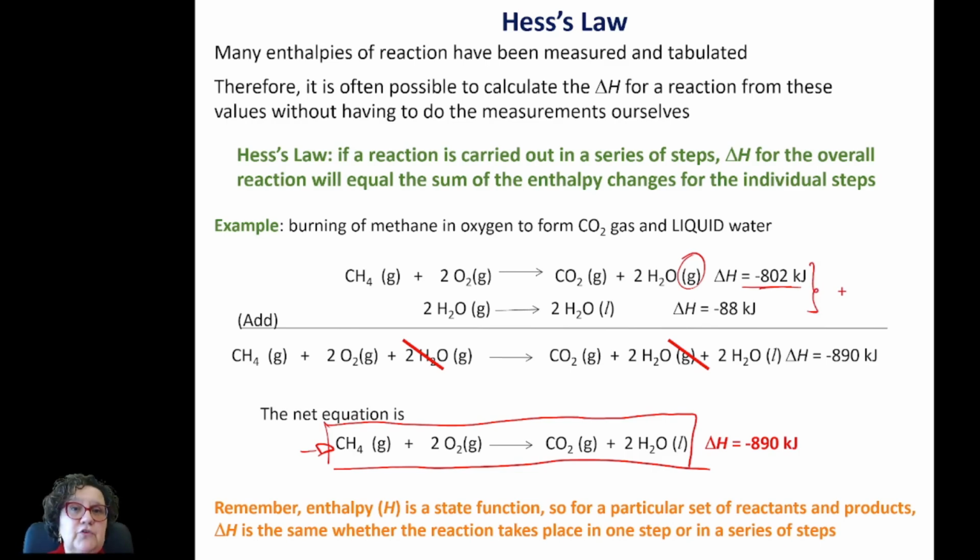This is a really nice property because there are many reasons why you might not want to, or maybe you can't, measure a particular change in enthalpy. The reagents or the products, most likely the particular product, might be dangerous to make in that form. Or the change in enthalpy sometimes can be very small.